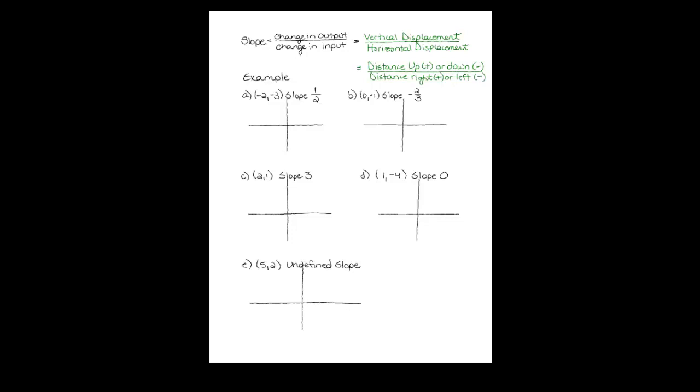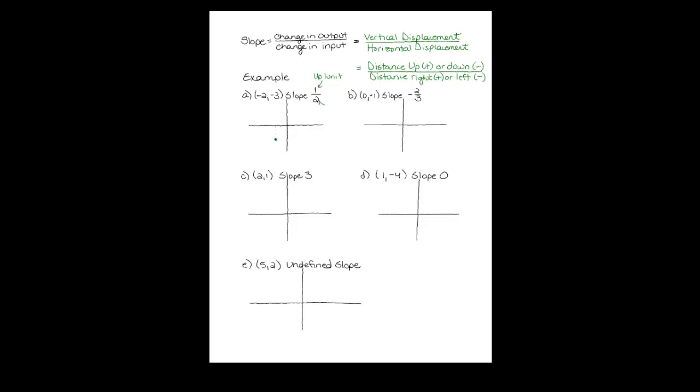Take this first example. We have -2, -3. So here's -2, down 1, 2, 3. There's -2, -3. Now, looking at our slope, we have 1/2. A positive 1 in the numerator tells us that from this starting point, we're going to move up 1 unit.